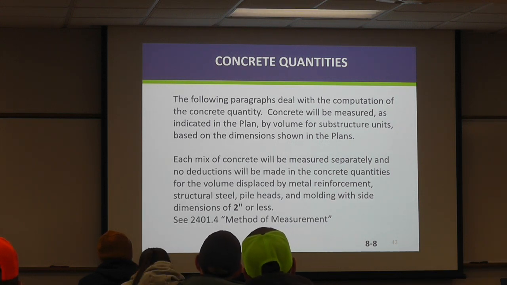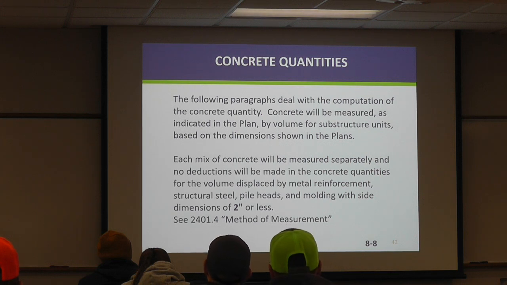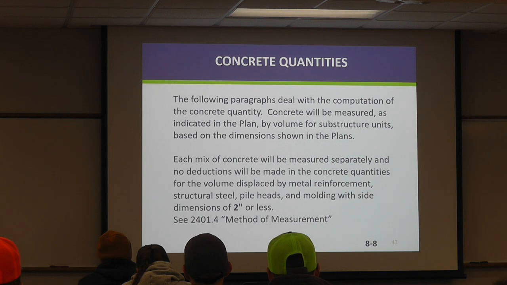Concrete quantities are something that you as inspectors will be doing for partial payments, for final payments, all that kind of stuff. So concrete is typically measured by volume based on dimensions shown in the plans.